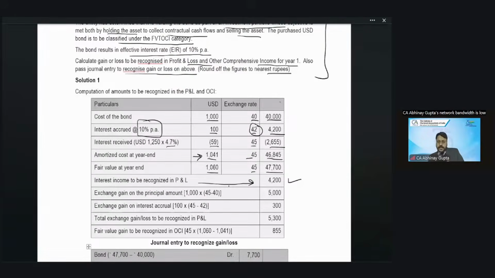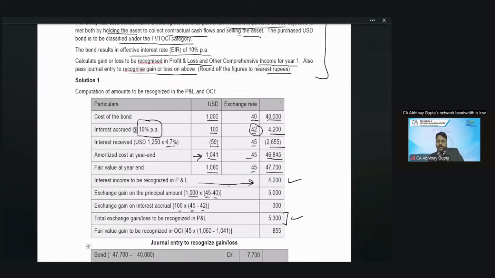Clear? Then exchange gain on the principal amount would be 45 minus 40 into my 1000, so 5,000, plus 100 into my 45 minus 42, 300. So total is 5,300. I think you have calculated this correctly, correct?